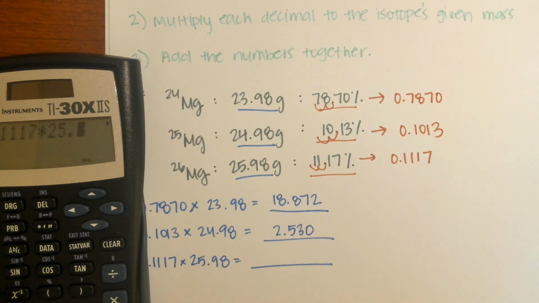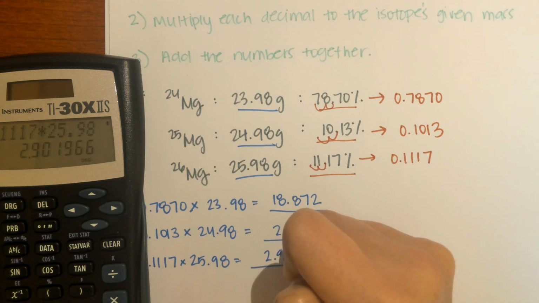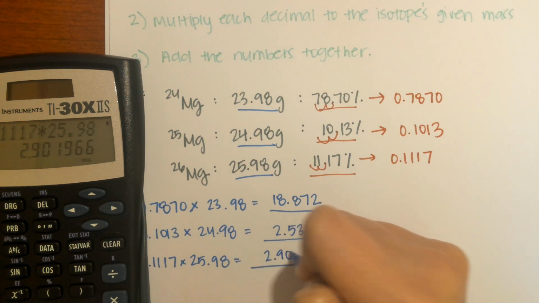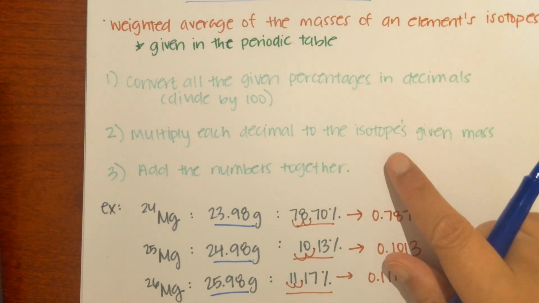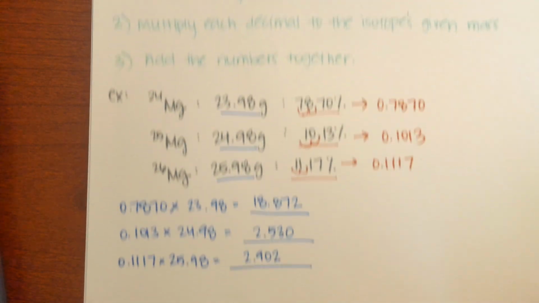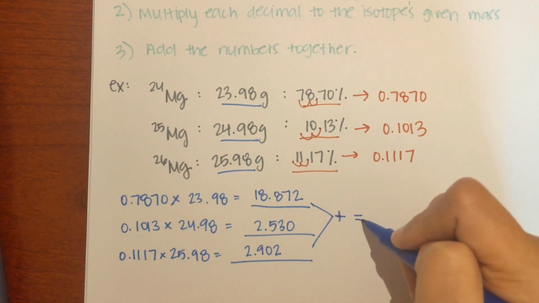And then the last one will be 2.902. So that's step 2. And the very last step, which is the easiest, is to add the numbers together, and that will be your final answer.